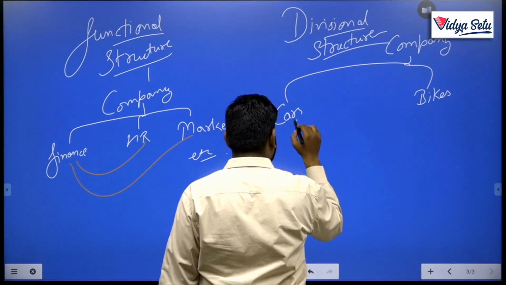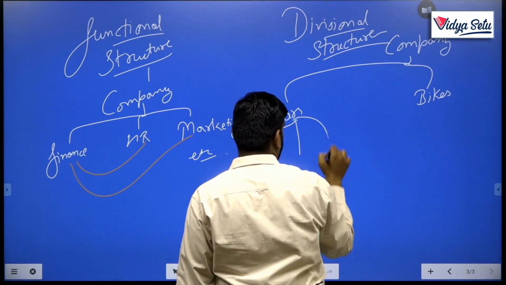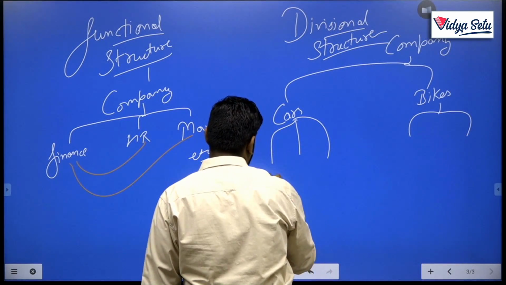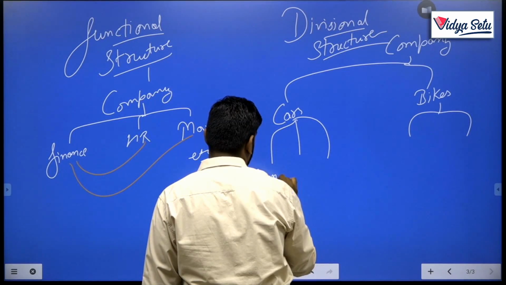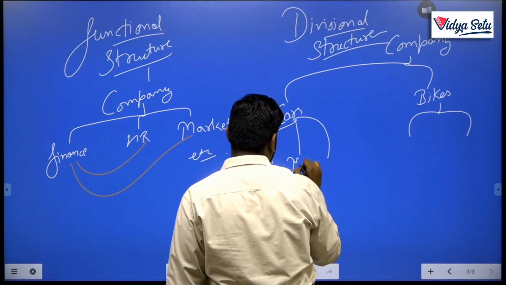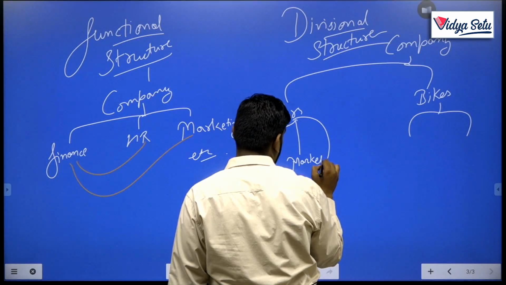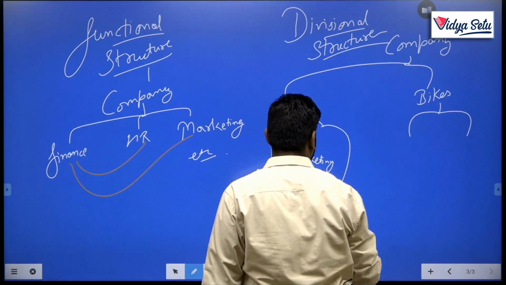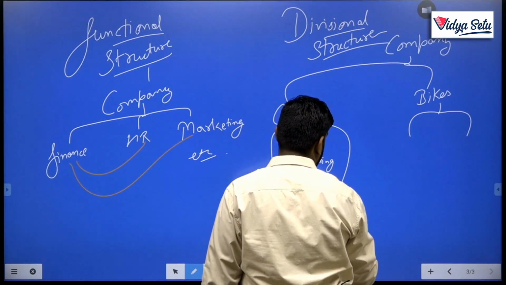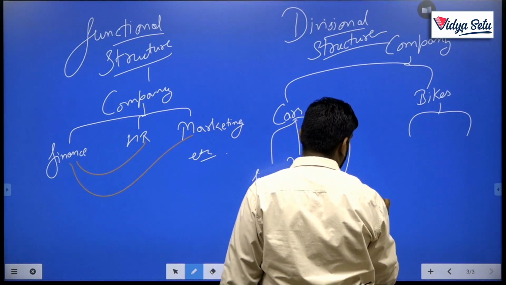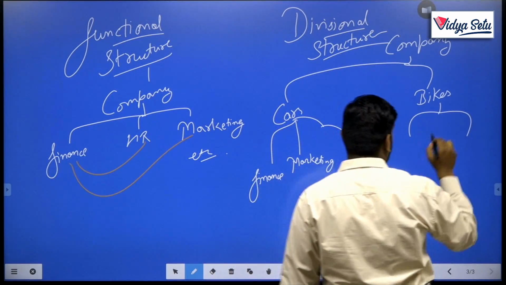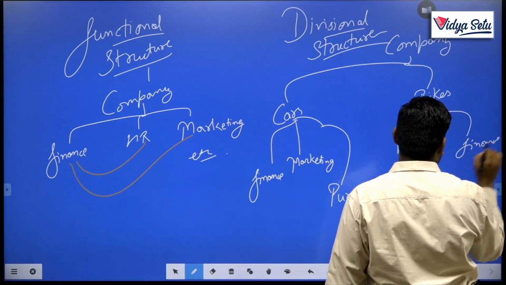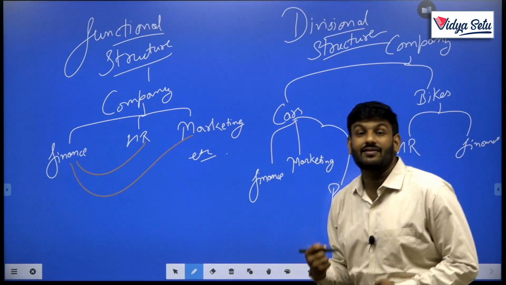Now they have separate functions. Cars have separate functions and bikes have separate functions. Like cars have functions like finance, marketing, purchase, etc. And bikes deal with an HR department or finance department, etc. So they have separate functions.